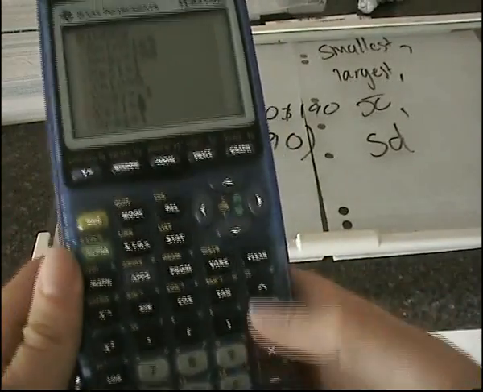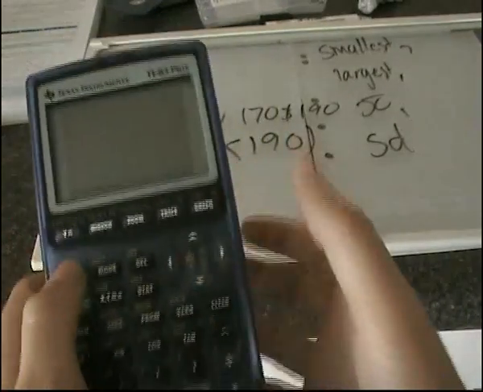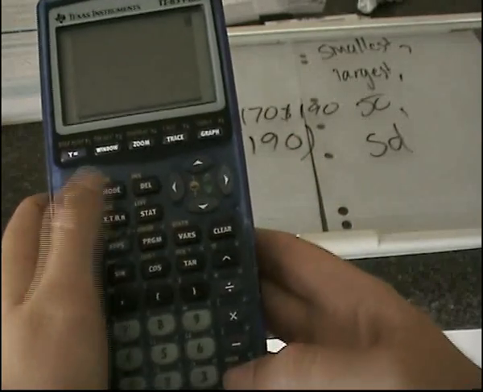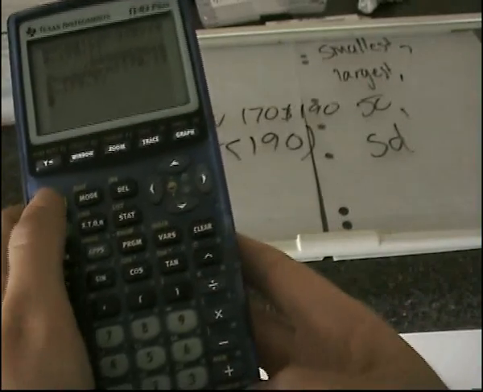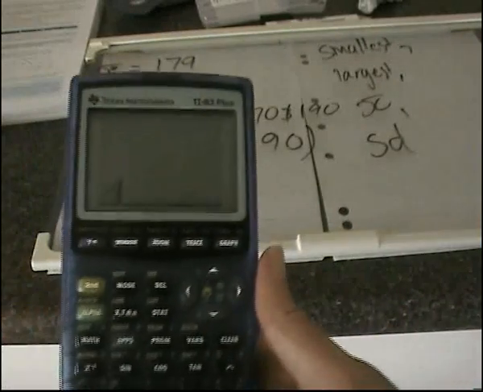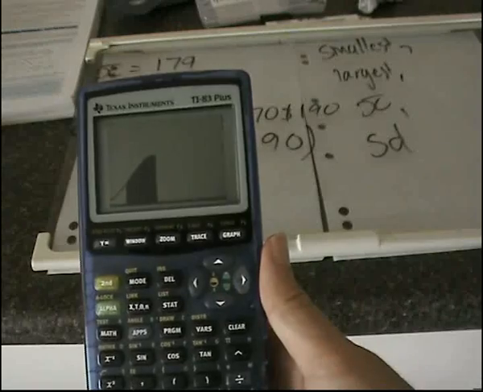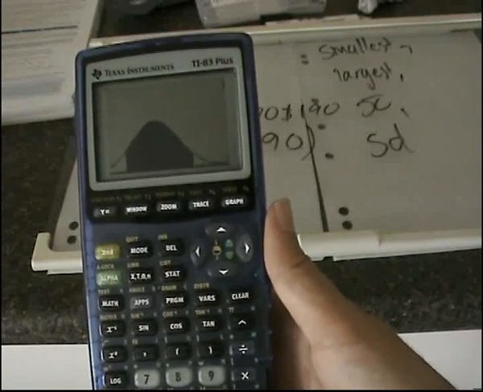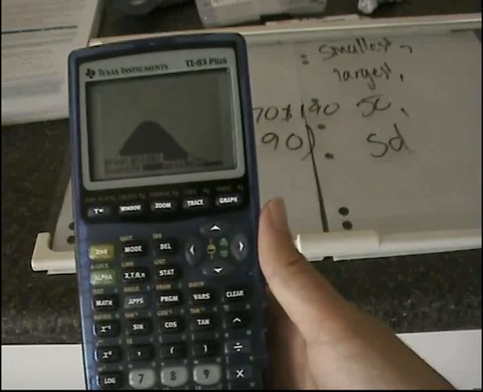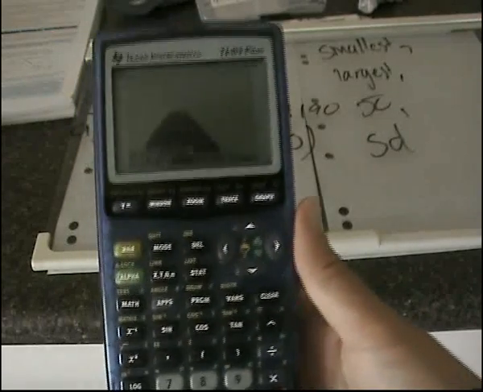So let's see if this works. If it doesn't graph straight away, just go back to where you were and regraph it. And it shows you. So that's if you have 2 numbers.